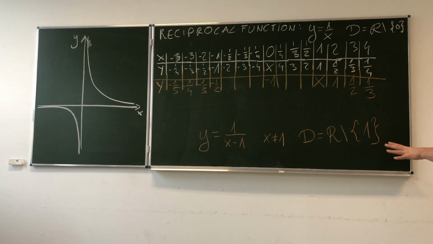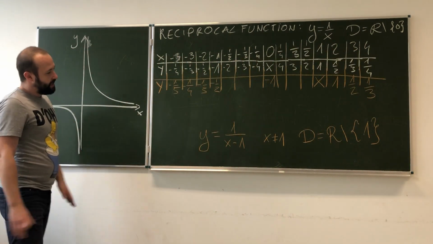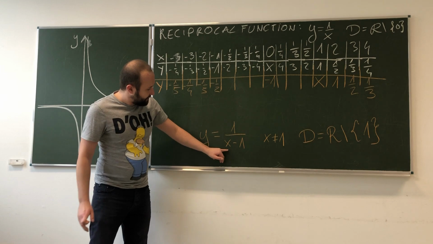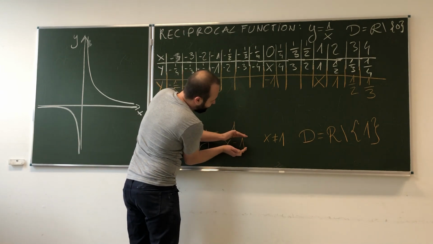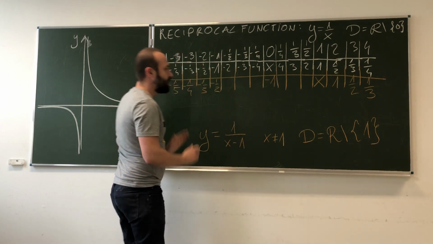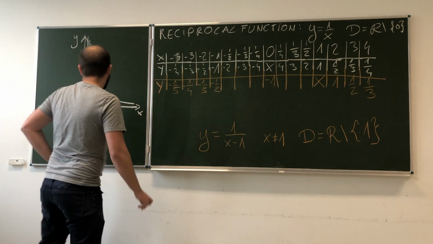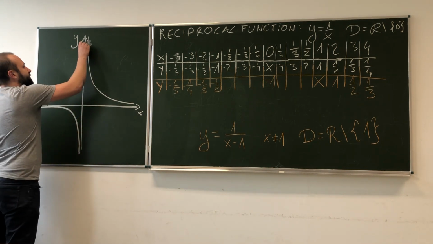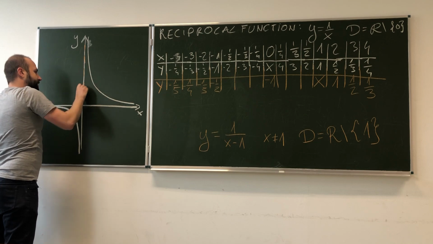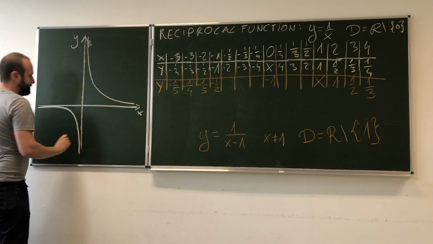And look, this is basically how this transformation works. If I take and subtract some value from x, but not from the entire function, just x, we are moving the function 1 unit to the right. Okay, what is the easiest way to do it? Of course, we still should remember that the asymptote that is here will still exist, right?